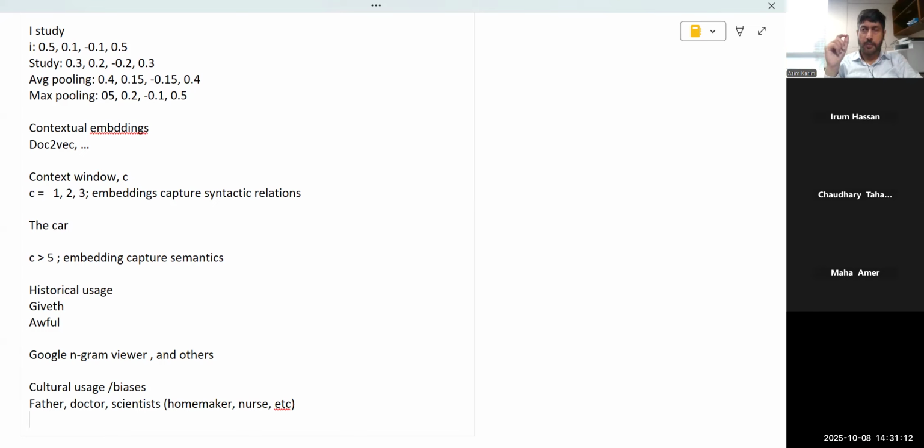So let's say if आपने एक application बनाई है based on these embeddings for, let's say, job classification. So that application may give unfavorable rating to a female who is a doctor, for example, as opposed to a male who is a doctor. ठीक है? So this is a possibility that you need to be aware of in your applications.